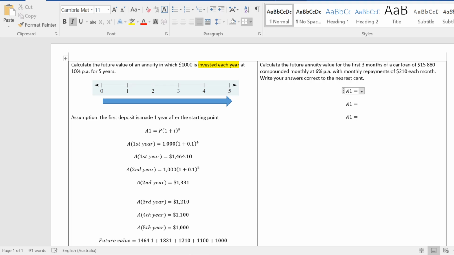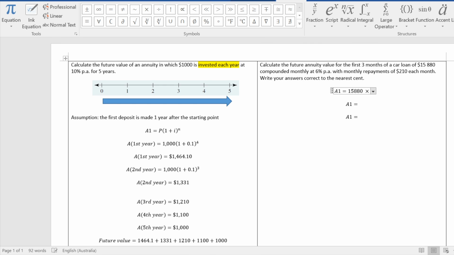So, first of all, to work out the first amount, here's how I would go about doing it. Okay, you start with your previous amount, $880. Okay, for questions like this, we always assume that you calculate the interest first and then you make the repayment after that.